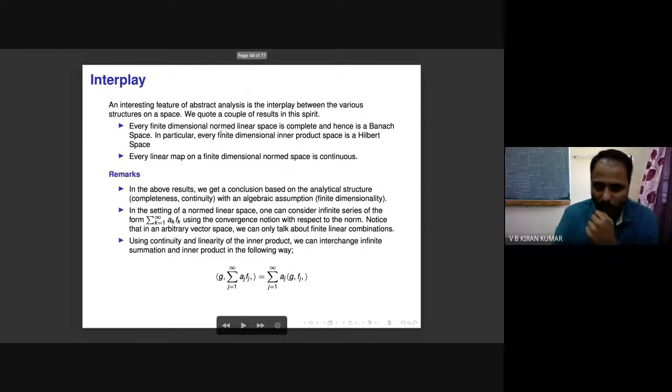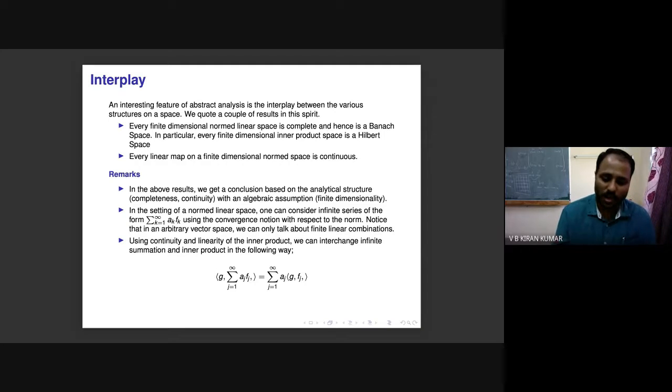Now another very important thing. In the above results, we get a conclusion about analytic structure, like completeness and continuity, with an algebraic assumption. Now this is the more important thing. In the setting of a normed space, one can consider infinite series of the form summation a_k f_k. Yesterday we saw how we introduced the Schauder basis. There we considered infinite series, right?